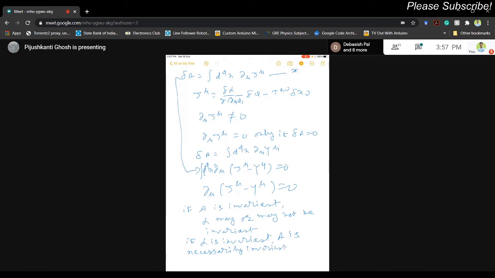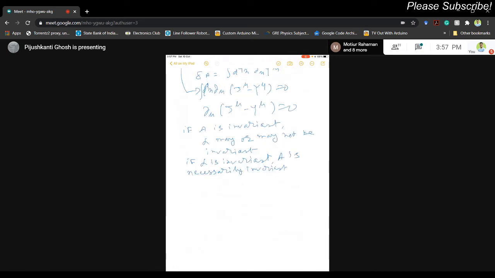This is a very important statement because what we are interested in is invariance of the action, not the Lagrangian density. Varying the action only, we get the equation of motion, right? So we are interested in invariance of action.